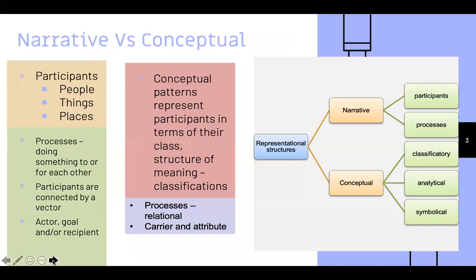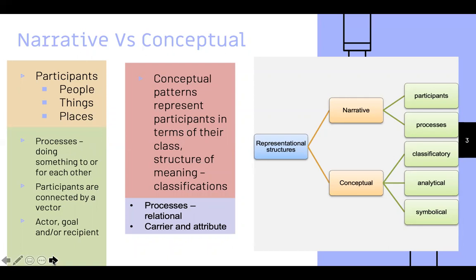So in the narrative or conceptual, we need to have the participants. Participants can be people, things, and places. And secondly, we need to have the process. The process for narrative is doing something to or for each other, and the participants are connected by means of a vector.